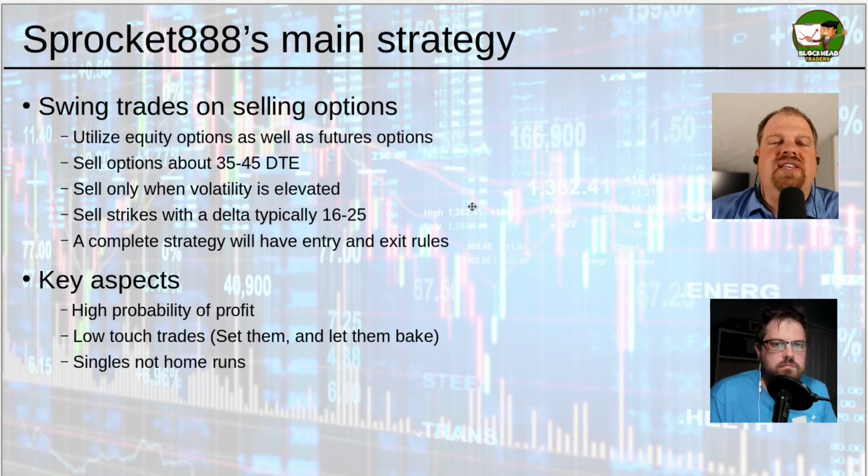So as soon as I sell an option, the only thing I want to have happen is for that option to lose value. The faster it loses value, the more my profits are locked in. So the key point here is the trades that I enter have a high probability of profit that is based on mathematical formulas and things like that. I feel it takes out some of the subjectivity in trading.